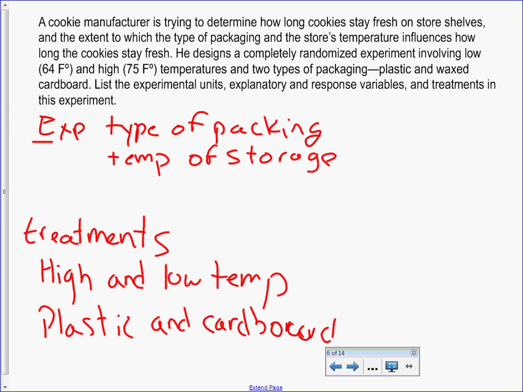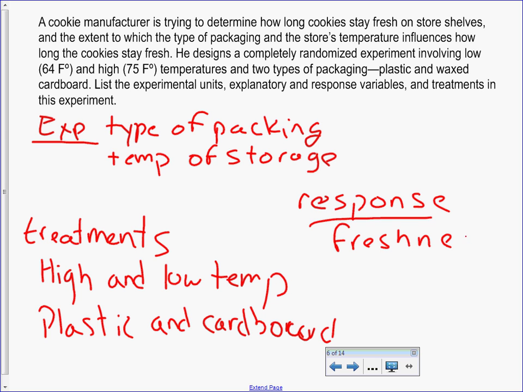So there's our explanatory variable. Our response variable is freshness. And I'm assuming they have some method to measure freshness.